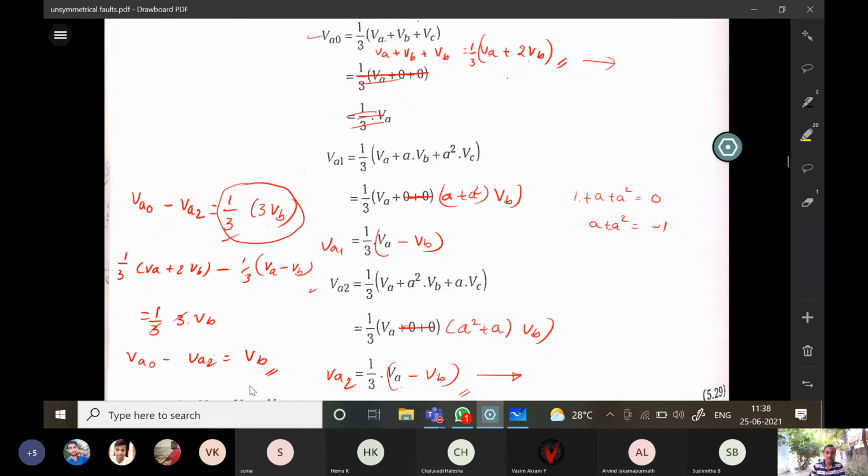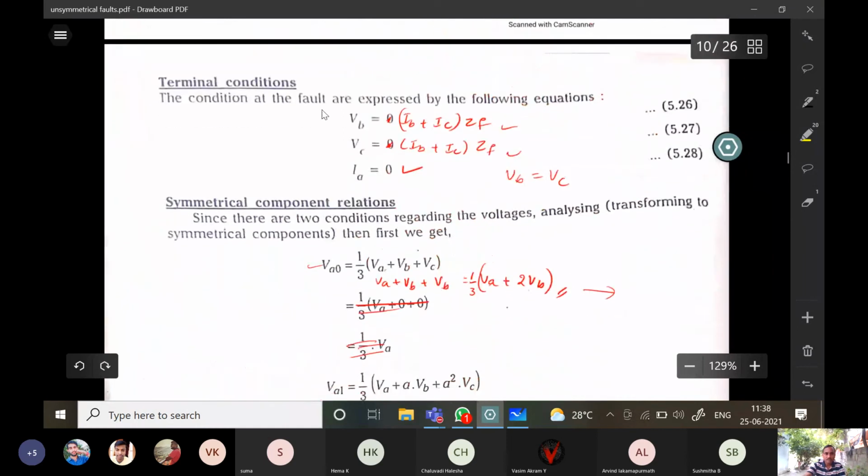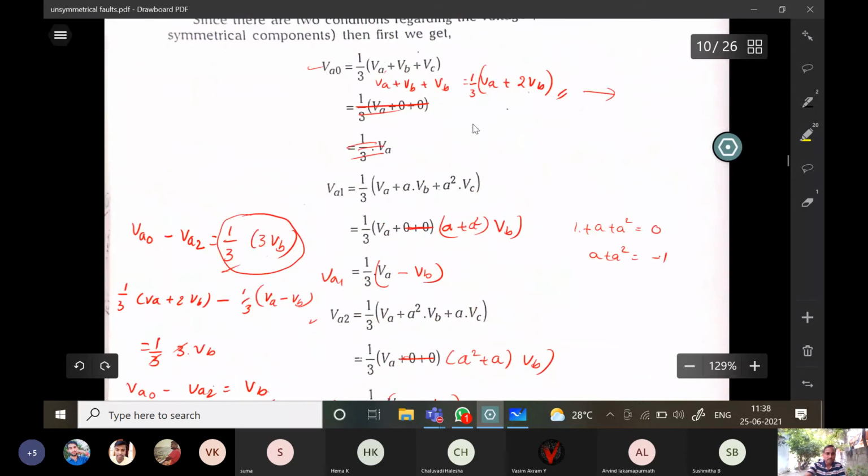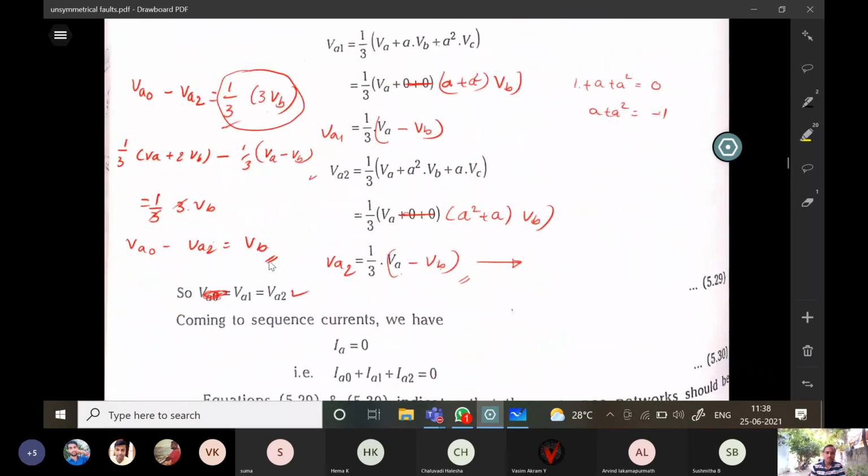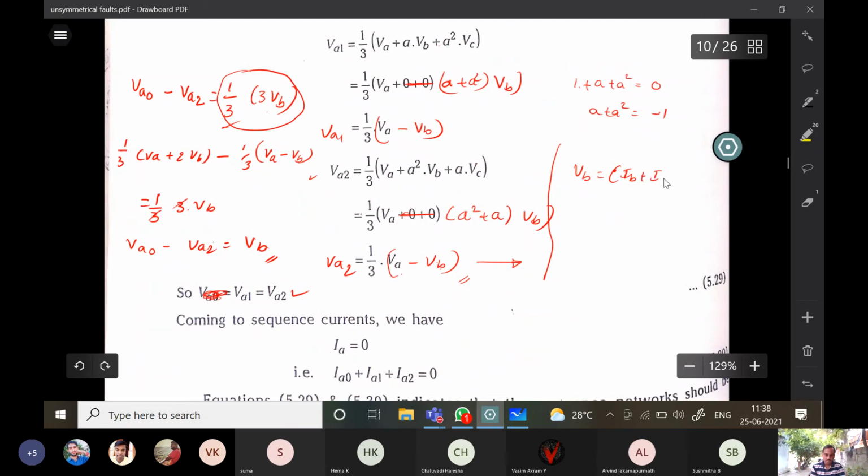So what is VB equal to? In terminal condition, go to the terminal condition. Terminal condition: VB is equal to IB plus IC into ZF. Substitute here in the place of VB. So VB is equal to, I'll write here, VB is equal to IB plus IC into ZF.